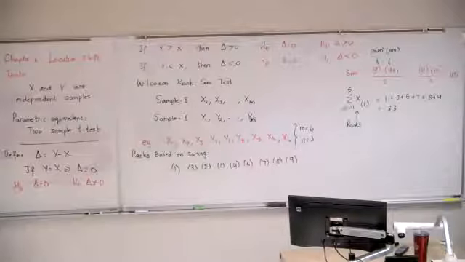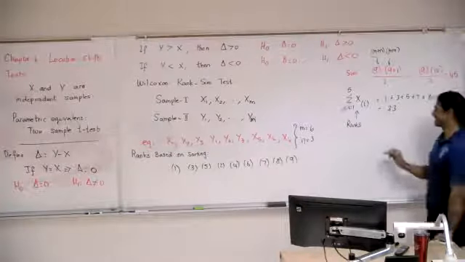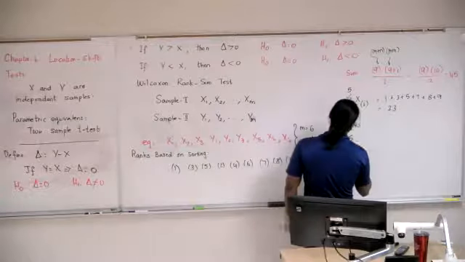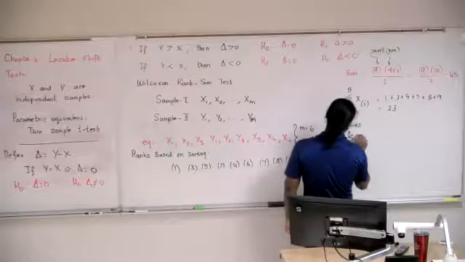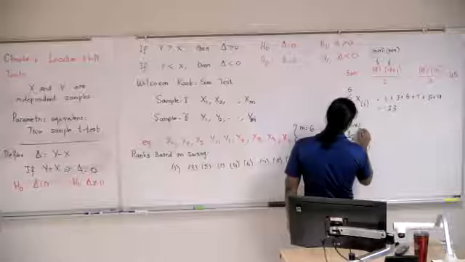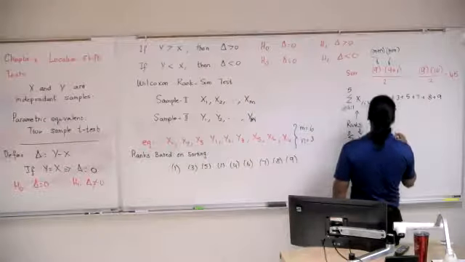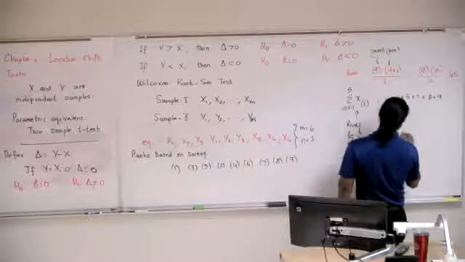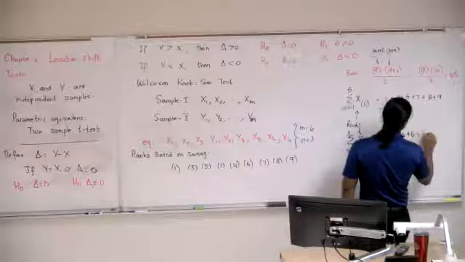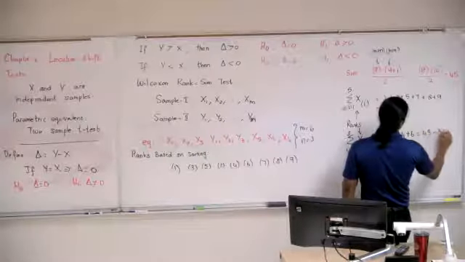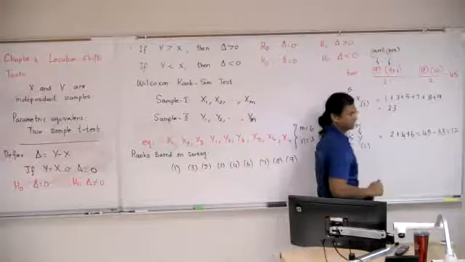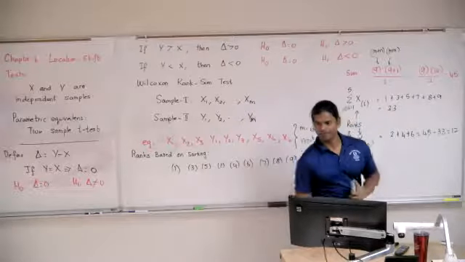So the others. 2, 4, 6. Another way: 45 minus 36. You can sum the others. It is the same as saying 45 minus 33. We will get 12. Yes?